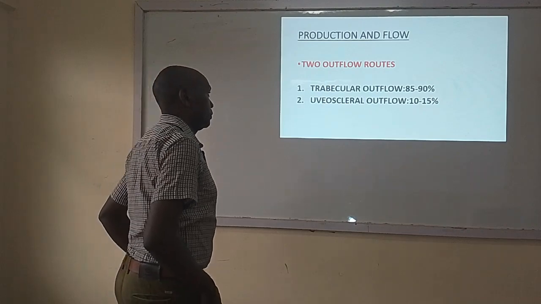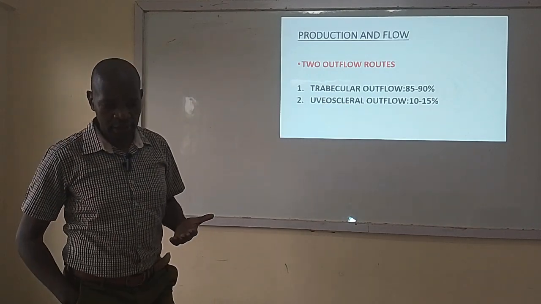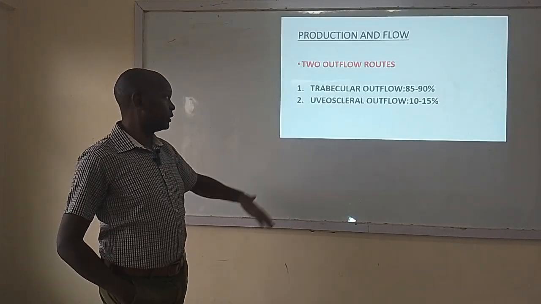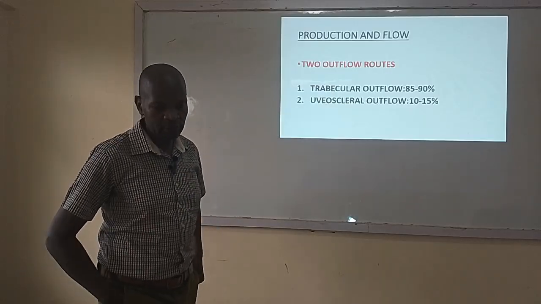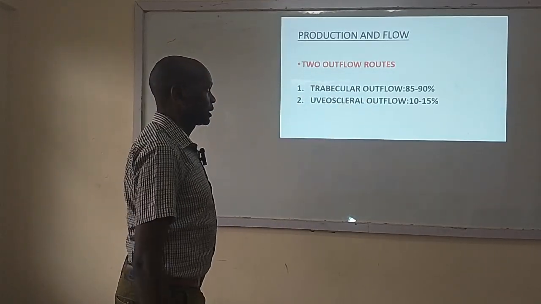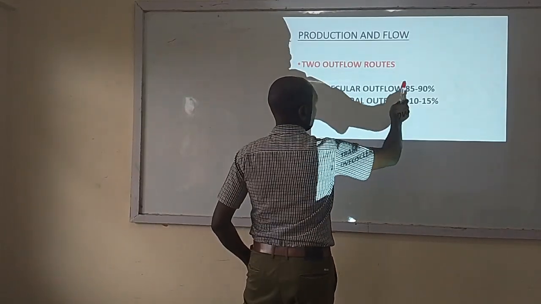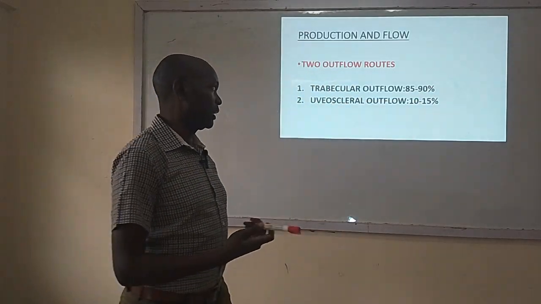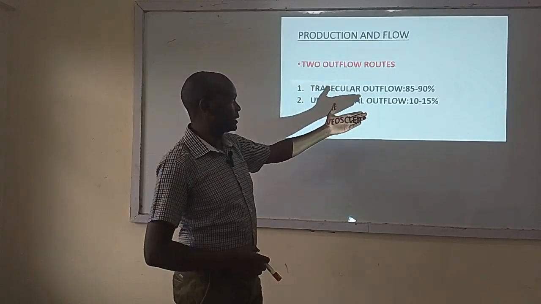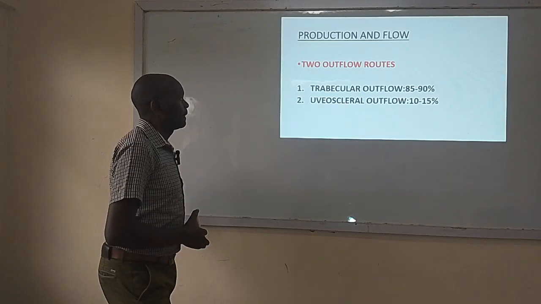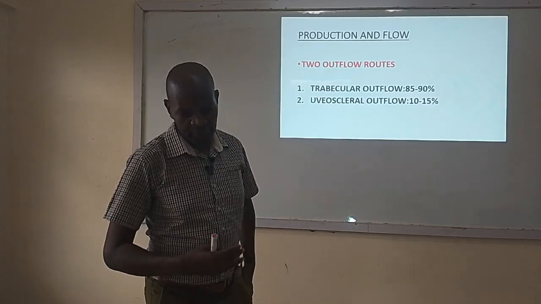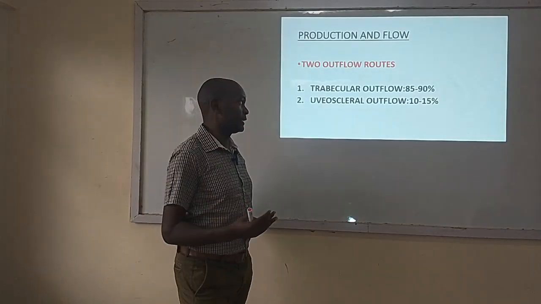There are two ways in which our aqueous humor flows out from the eye, and this is trabecular outflow, and then we have the uveoscleral outflow. So this one is the main one, because after aqueous humor has been produced, it will flow out of the eye back into the venous drainage through trabecular outflow, and that caters for 85 to 90%, while another route known as the uveoscleral outflow takes about 10 to 15%.